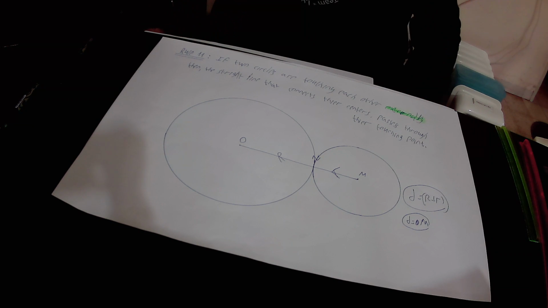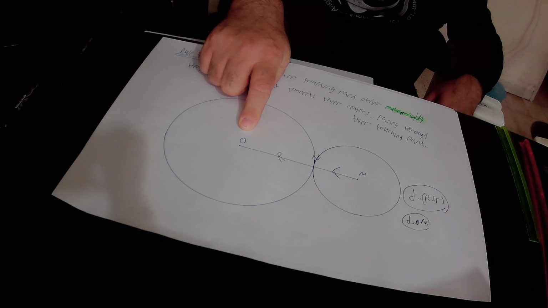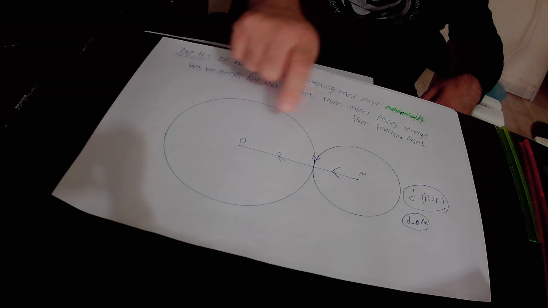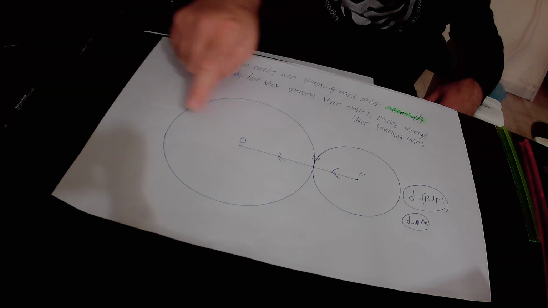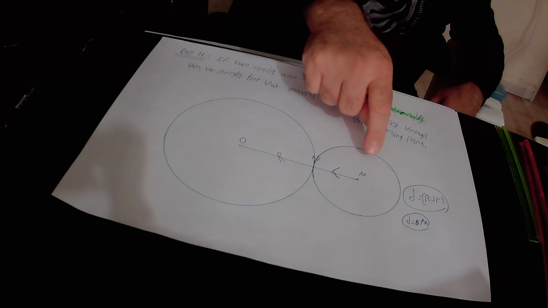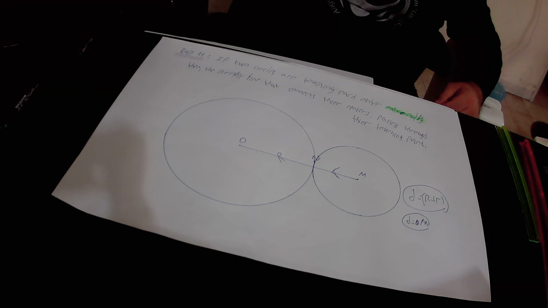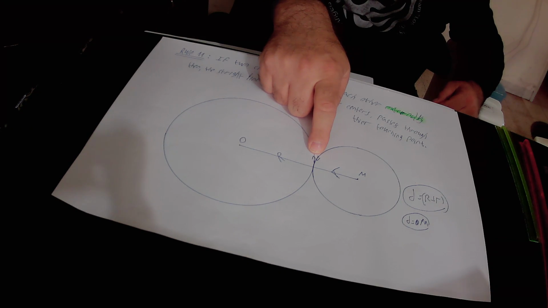Then, according to rule number 11, the straight line that connects their centers together, the center of this big circle is at point O. The center of the small circle is at point M. And the straight line that connects their centers together is OM. So this straight line OM, according to rule number 11, must pass through point N, that is their touching point.